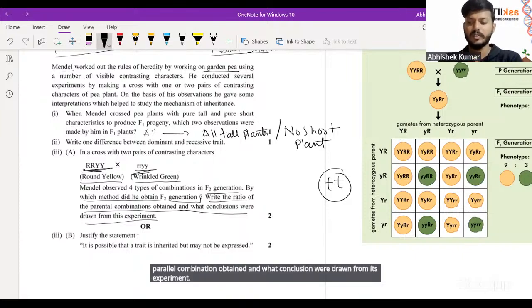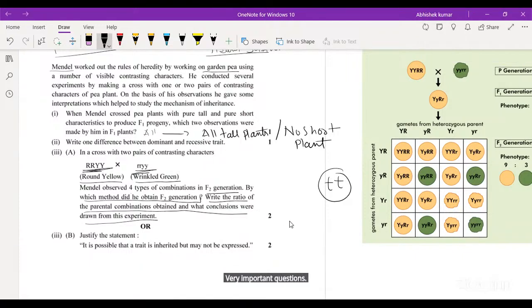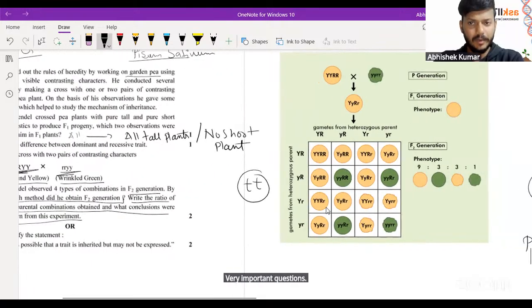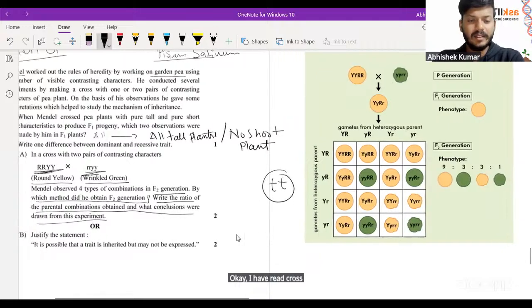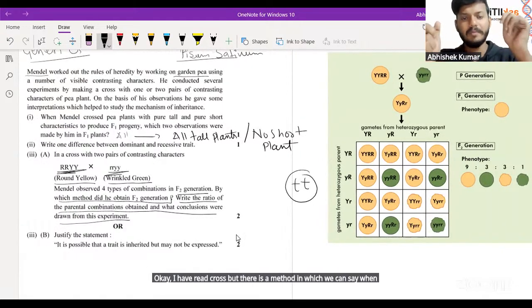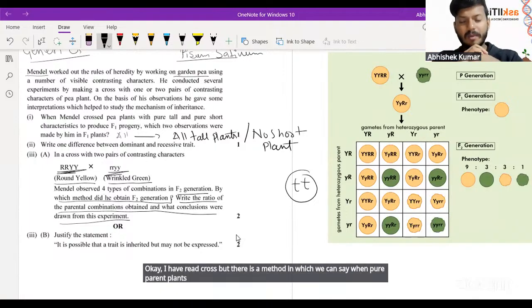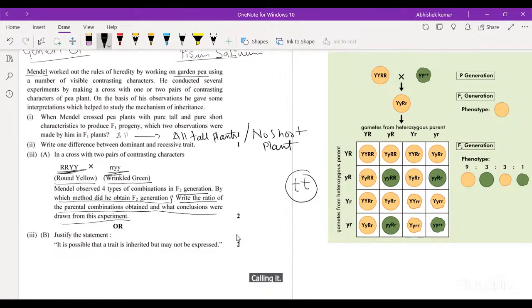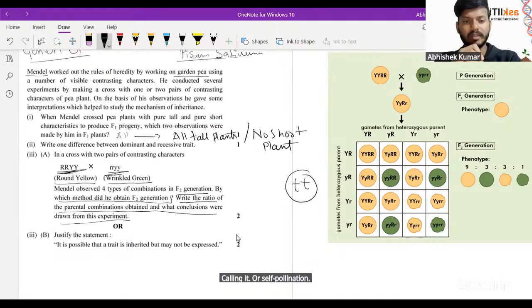Very important question. Sir, the method used was dihybrid cross. Okay, dihybrid cross, but when pure parent plants are crossed, what is the name of that method? Self-pollination. Cross or self-pollination, both are the same only.